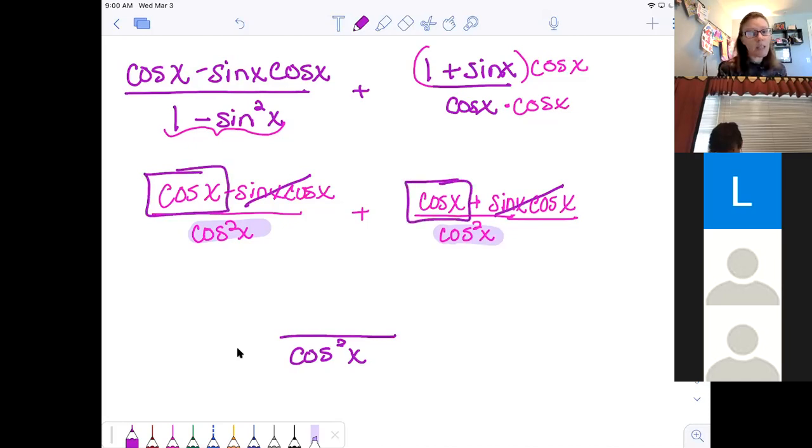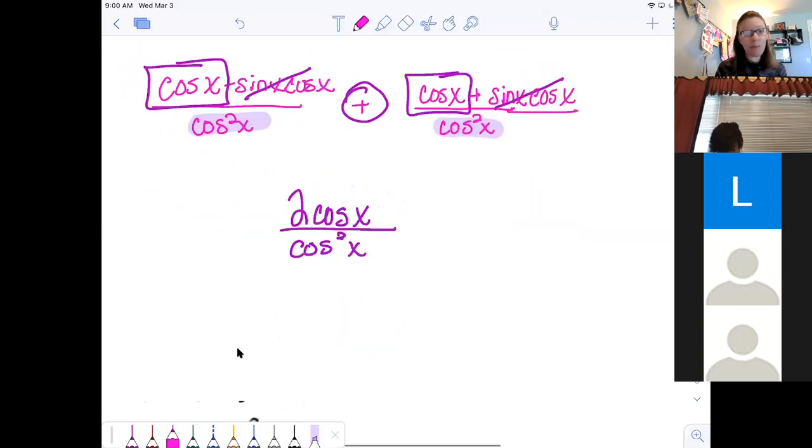Well, if x plus x makes 2x, cosine plus cosine makes 2 cosine. You're adding them together. It's a plus sign. So one cosine plus another cosine makes 2 of them. So now we have 2 cosine over cosine squared. And using properties of exponents, the cosine in the numerator cancels with one of the cosines in the denominator.